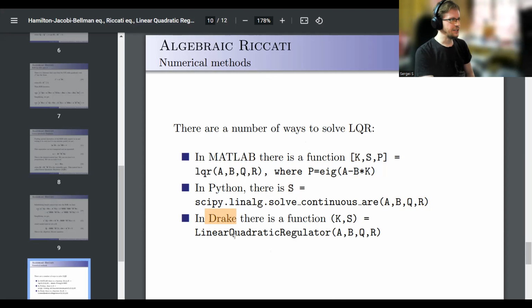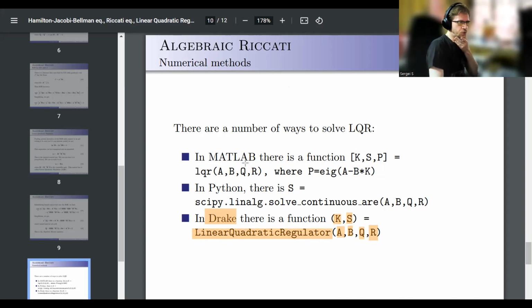It is developed at MIT by Russ Tedrake and his team. In one of the releases, the ones that we worked with, they have a function LinearQuadraticRegulator, which takes again state matrix, control matrix, state cost, control cost, and it returns your optimal gain and cost to go.